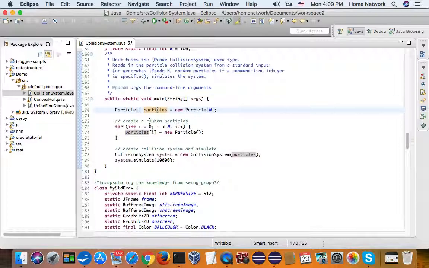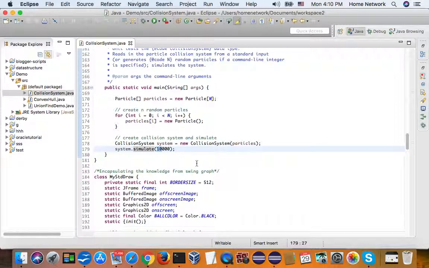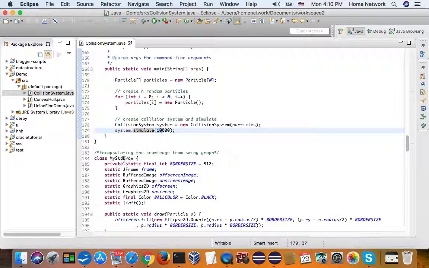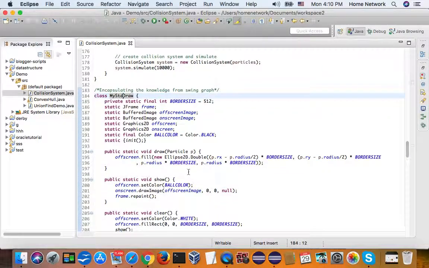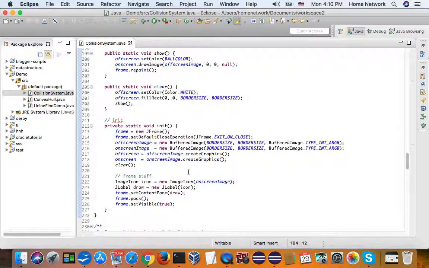We have an array of particles. We randomize their position and velocity. And we simulate, only caring about the events happening in the next 10 seconds, and forget about the events happening later. And we have two helper classes. This one draws the graph, and it's not very interesting.